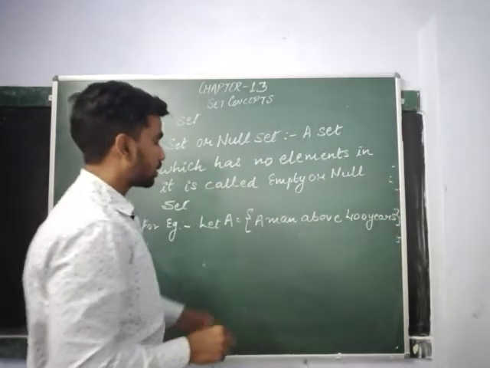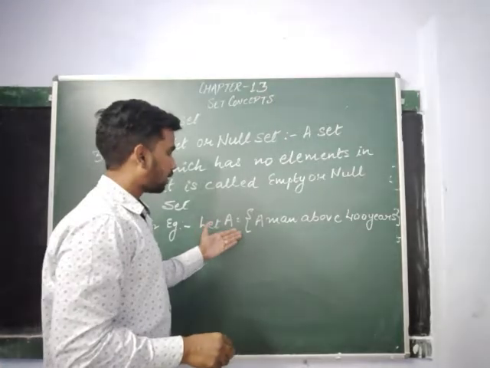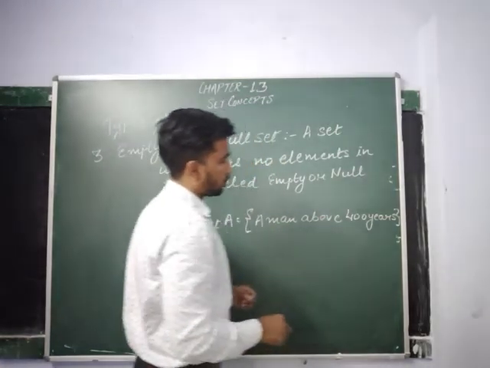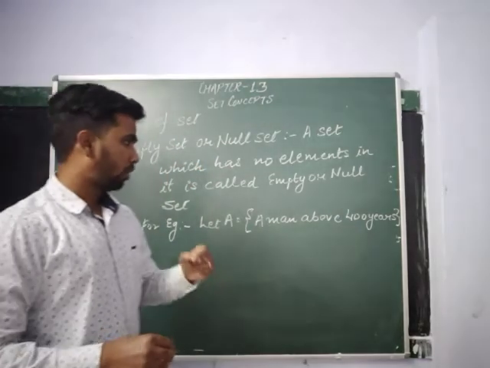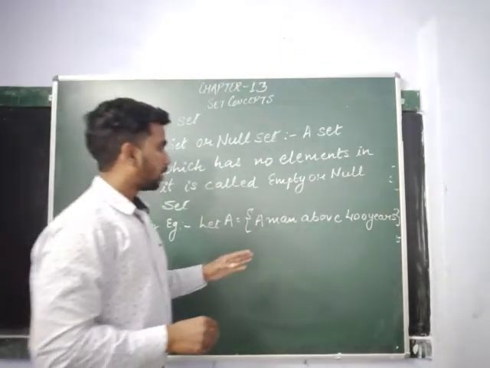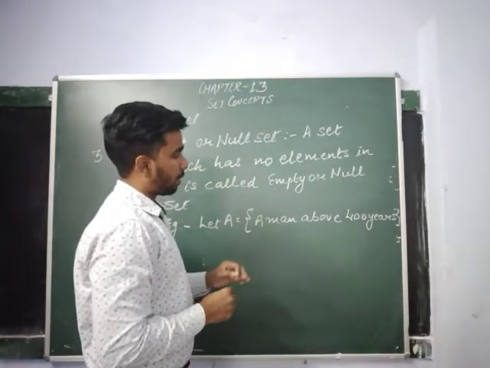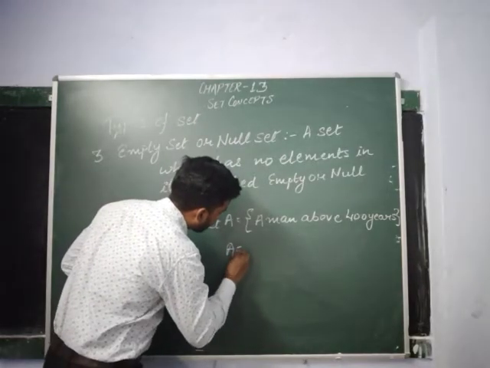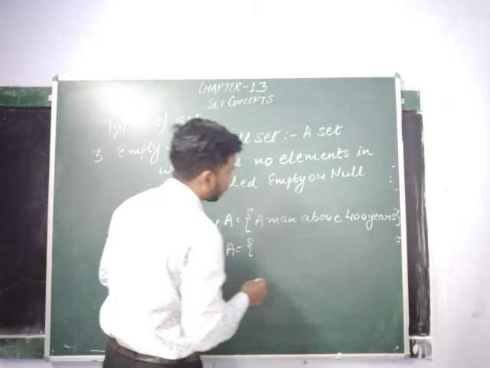So now here you can see that example is given. Let A is a set and in which it is written a man above 400 years. So nowadays the age limit of a person is only 120. So we cannot define any man above 400 years. So this is a empty set. Okay. Because nowadays no man is living more than 120 years.